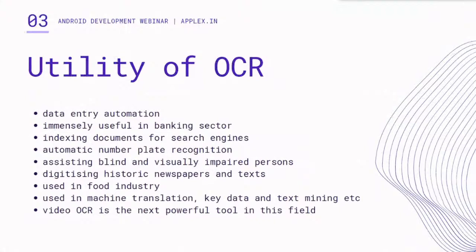You might be wondering what is actually the use of OCR, right? OCR is now immensely used in the education sector. It's quite useful. But apart from that, OCR is one of the few technologies that has found applications throughout the entire industrial spectrum. It is used in the banking system.